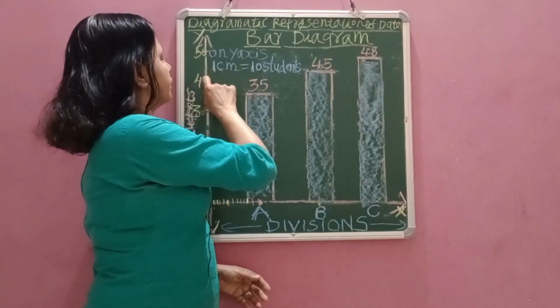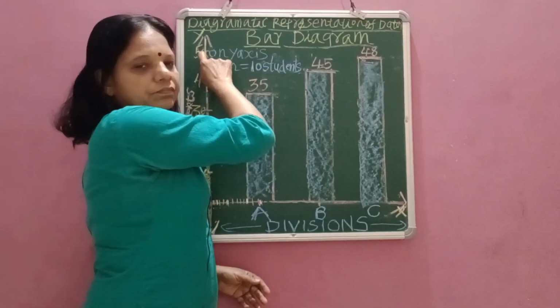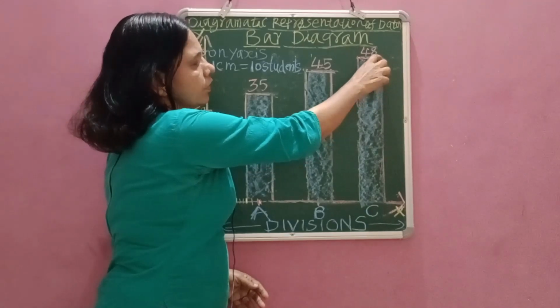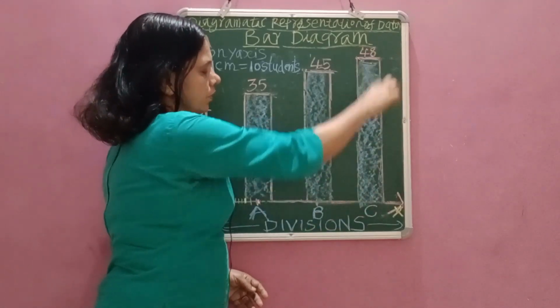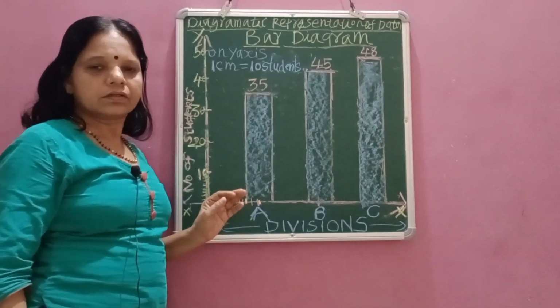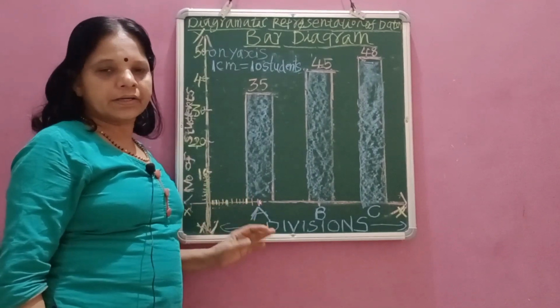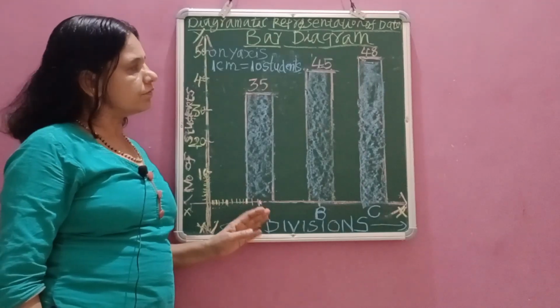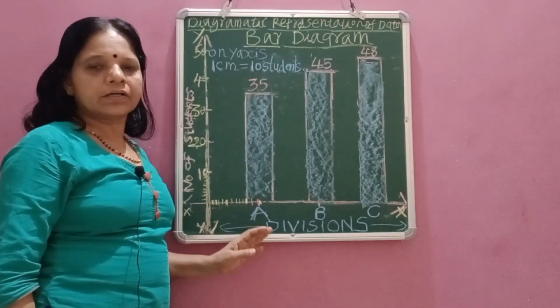After the 48th line you have to draw the horizontal line and complete the rectangle. So this is the simple bar diagram. It is a small data set. Clear? It is a simple bar diagram.